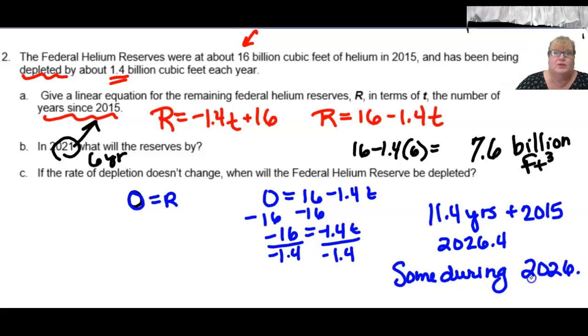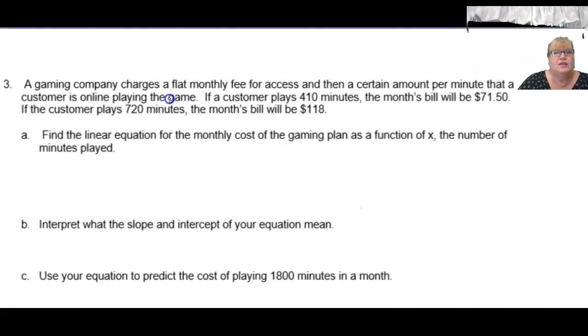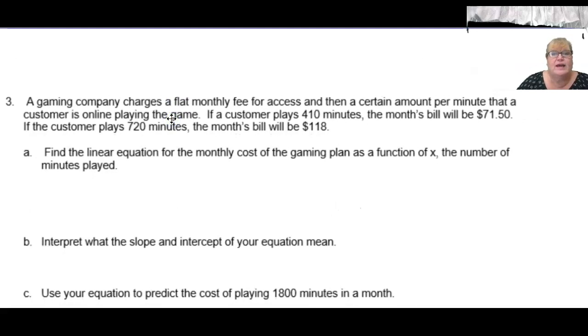All right, so that was a pretty easy one. They gave us all we needed. All right, this is the kind that might be on a quiz. It says a gaming company charges a flat fee for monthly access and then a certain amount per minute that a customer is online playing the game.